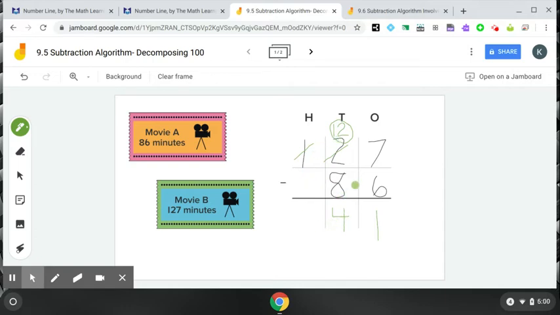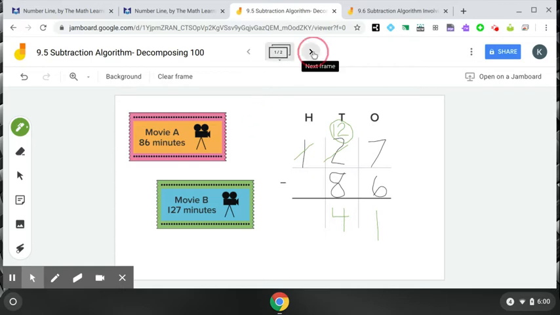So thinking of your addition fact to help you solve subtraction might be useful when you're doing your algorithms. In finishing this problem, we can see that movie B is 41 minutes longer than movie A.